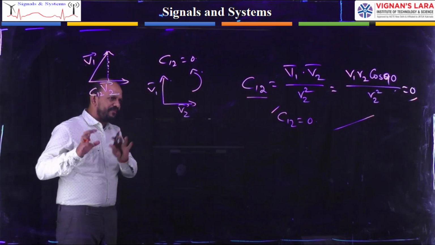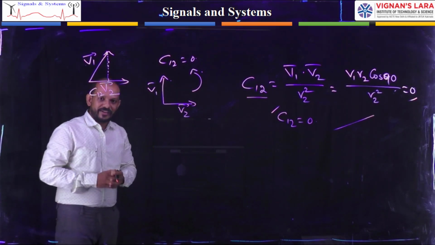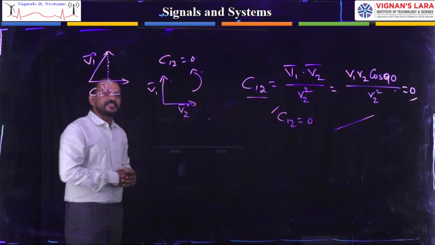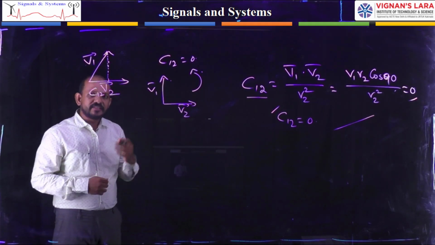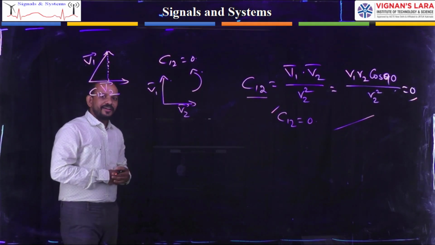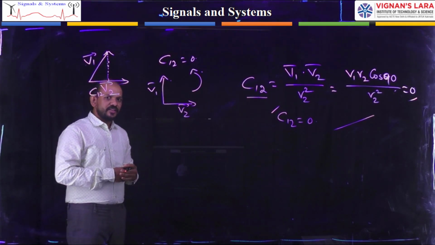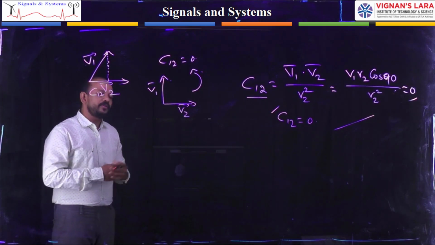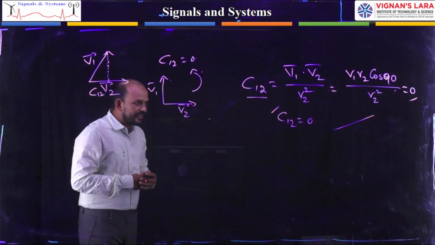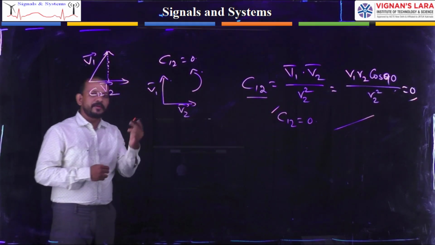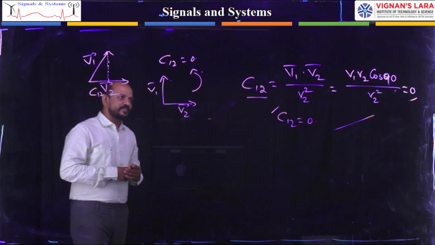There is a close comparison between vectors and signals, and the way they both behave is almost the same. For that reason, we are going for the analogy between vectors and signals.